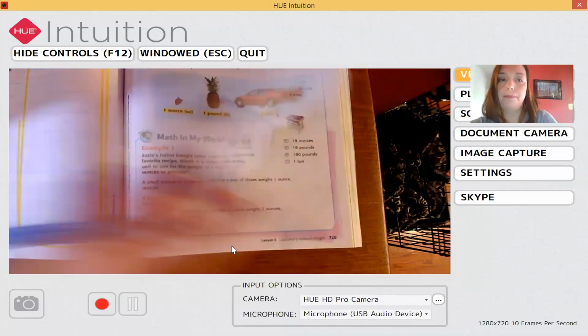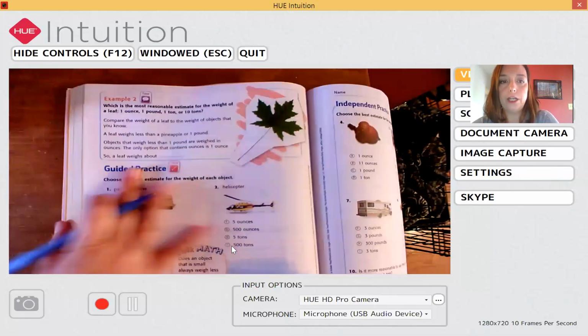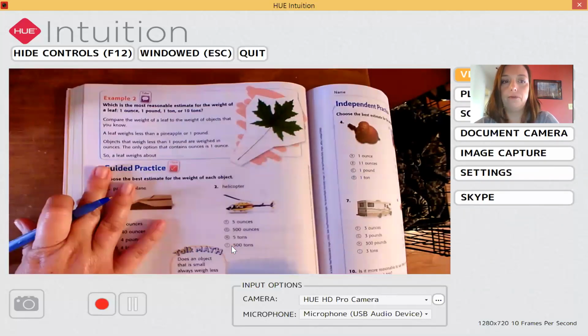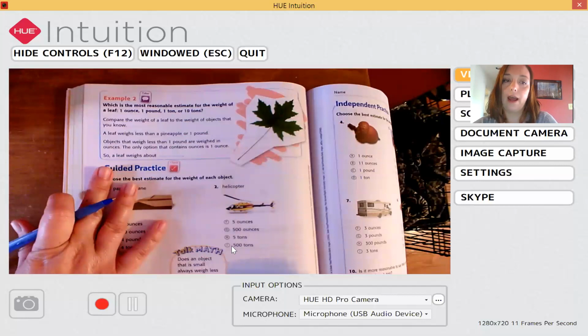All right, example 2. Which is the most reasonable estimate for the weight of a leaf? An ounce, a pound, a ton, or 10 tons? As I'm thinking about a leaf, I'm comparing it in my mind to the 3 objects that we talked about that compare to the units of measuring weight.